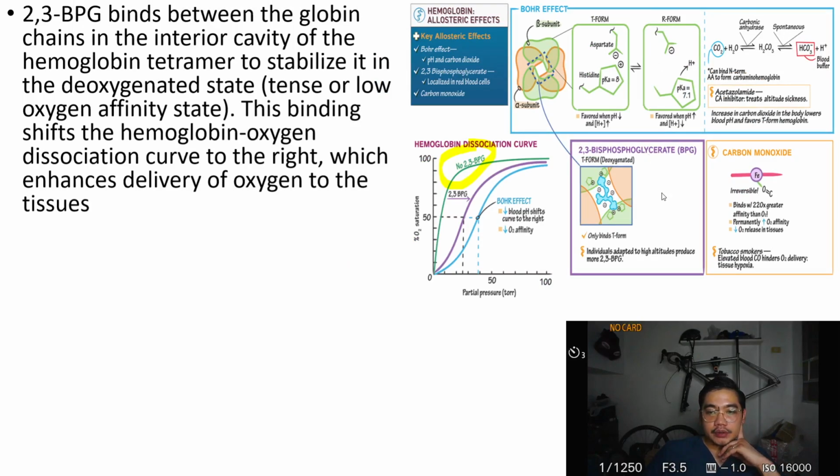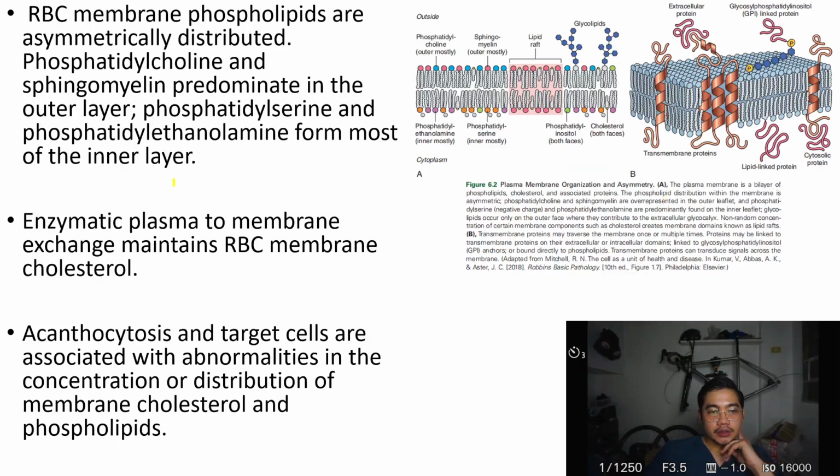So the RBC membrane phospholipids are asymmetrically distributed, and phosphatidylcholine and sphingomyelin predominate in the outer layer. So this is phosphatidylcholine. In your bilayer you have phosphatidylcholine, phosphatidylinositol, no?